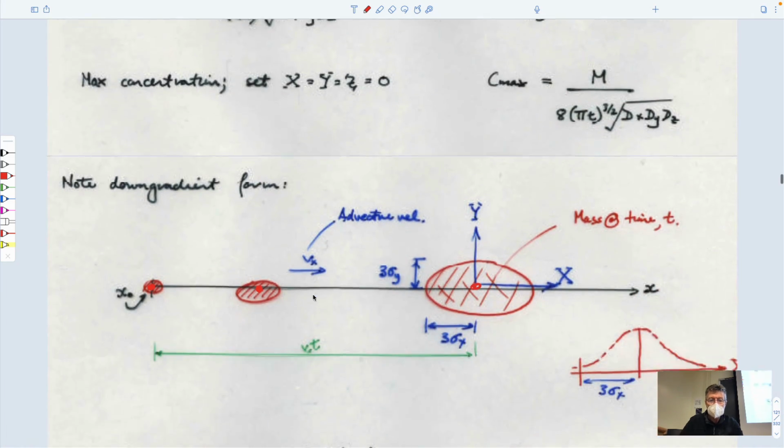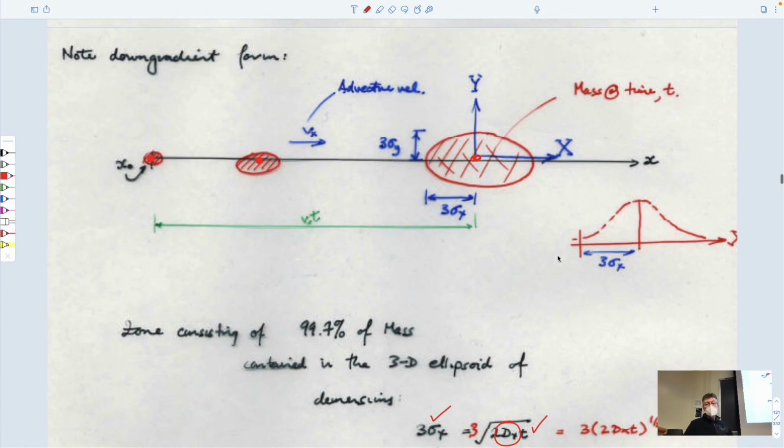the solution for this transport equation is exactly the same as a Gaussian normal probability curve. And all that we choose 3 standard deviations for is that I think 3 standard deviations control approximately 99.7% of the mass.